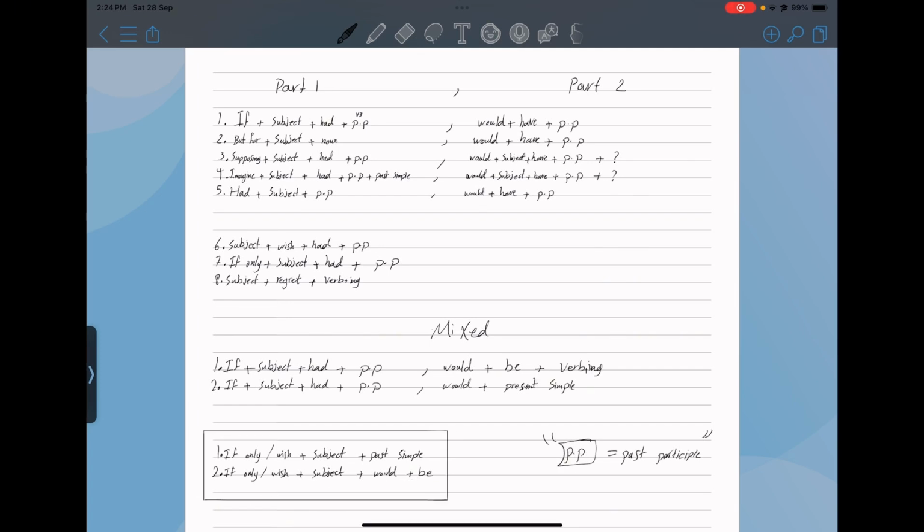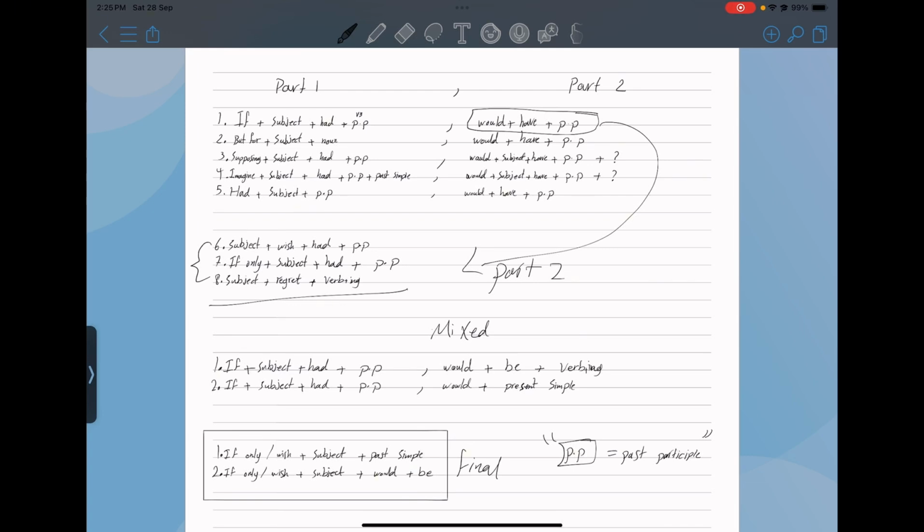Ask your doctor about that. And this is 3. Maybe you don't have to write part 2, but if you have to write it, it's the same as this one. And here for part 2, if you have to write, write it, but if you don't have to, don't write.